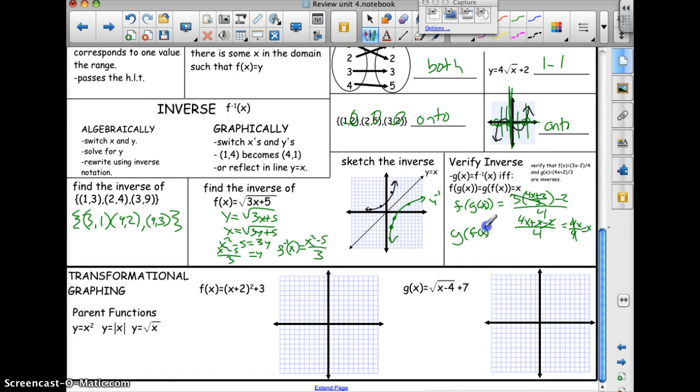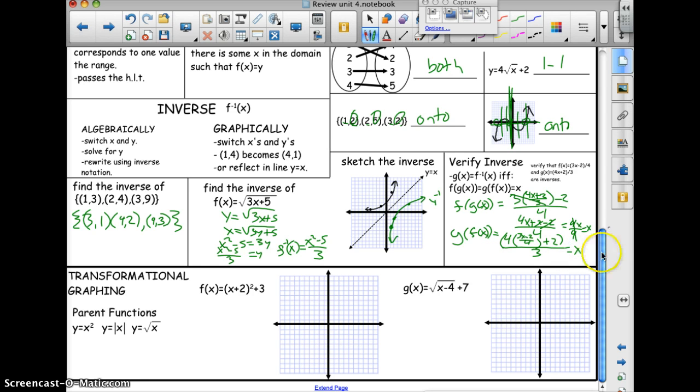I'm going to leave that for you as an exercise, perhaps, to try g of f of x. So you're going to have big parenthesis, you're going to have 4, big parenthesis, plus 2, and that's all over 3. And you put 3x minus 2 in there over 4. And see that it will simplify to x.